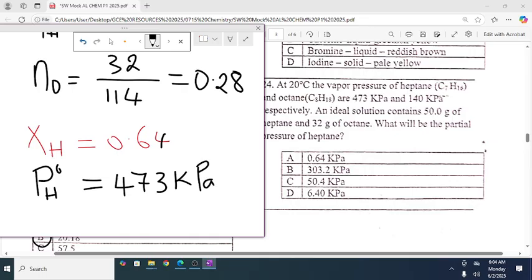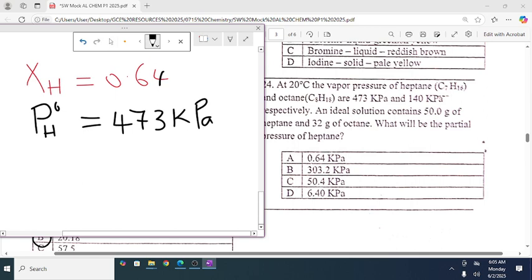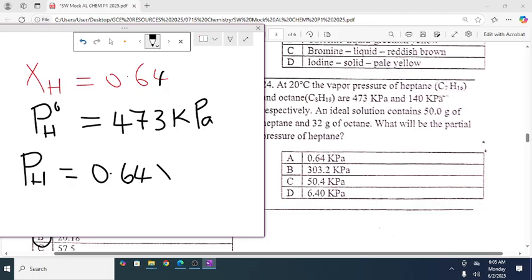So what is now going to be the partial pressure of heptane? It is 0.64 multiplied by 473 kilopascals, because all the results are in kilopascals. We take this answer and multiply it with 473. We are going to get 303.2. Wow, I finally got it.